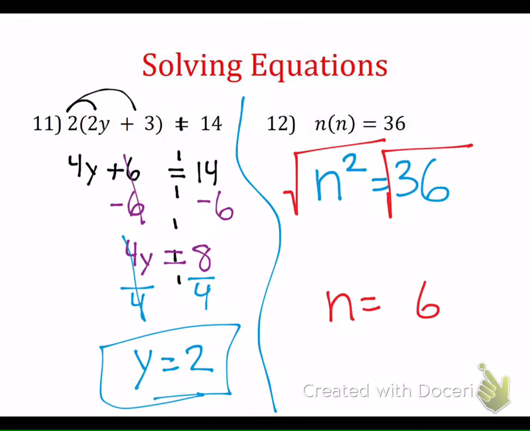Is 6 times 6 the only number times itself that would give us 36? Yes. Wait, no. I think it is. I still don't remember.